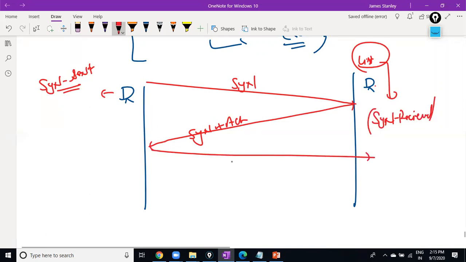After that, this side sends an acknowledgement, and this state is now established. This is the established state.